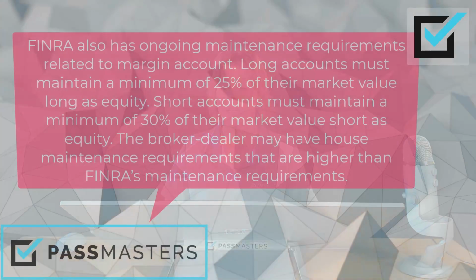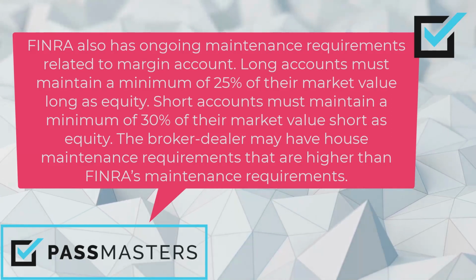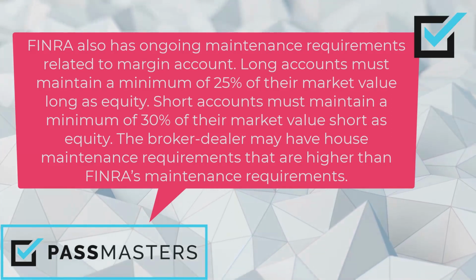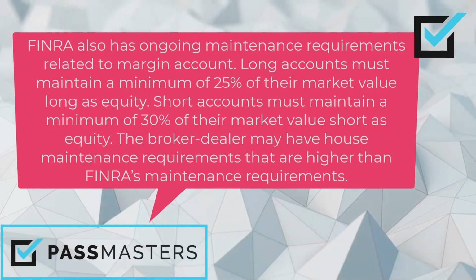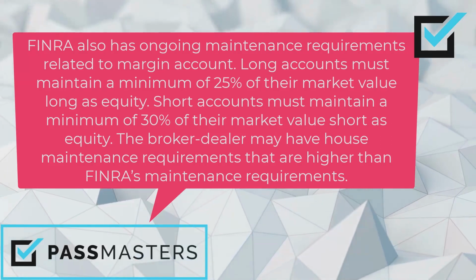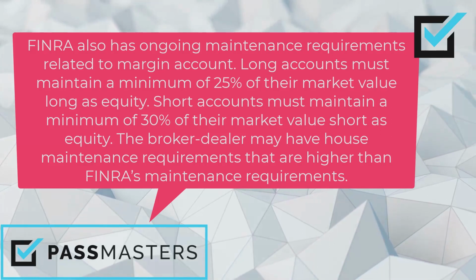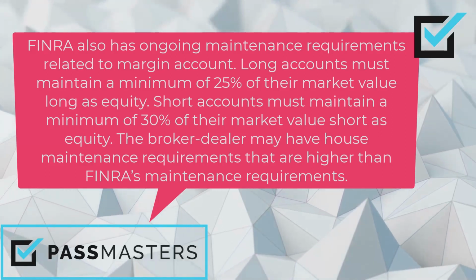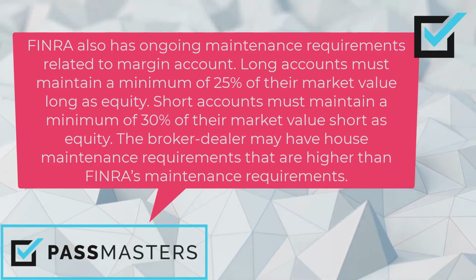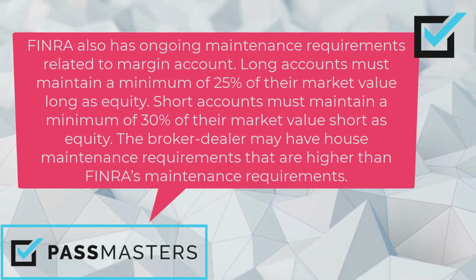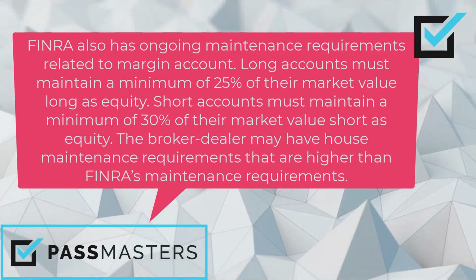Over time, FINRA has ongoing maintenance requirements related to margin accounts. Long accounts must maintain a minimum of 25% of their market value long as equity. Short accounts must maintain a minimum of 30% of their market value short as equity. The broker-dealer may have house maintenance requirements that are higher than FINRA's maintenance requirements.